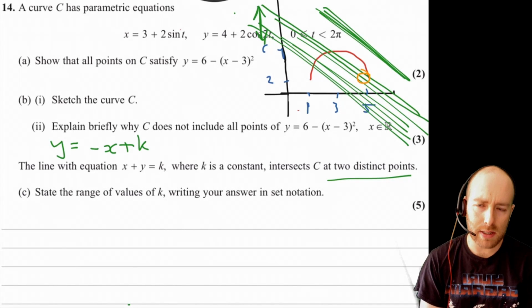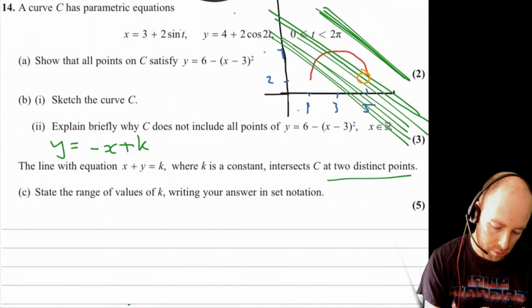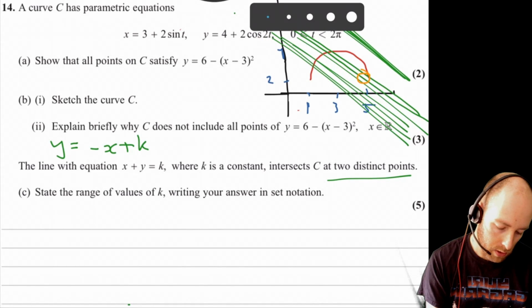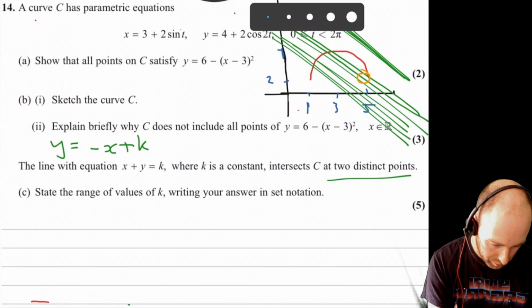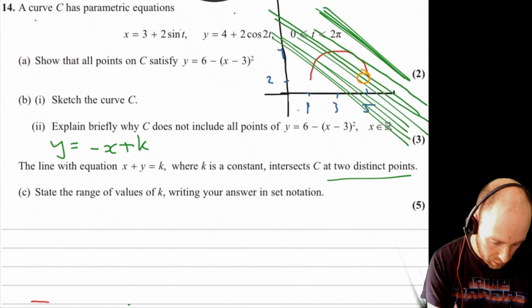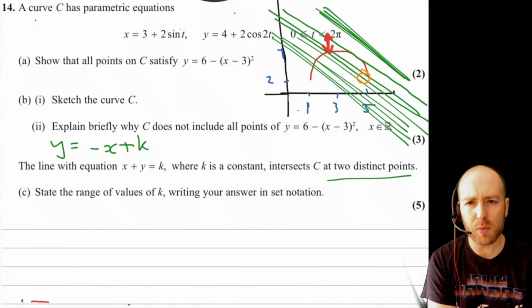So we can find the smallest k value, and then we're going to try and find the upper k value in order to find the range, if you like, of k between those two points. If you guys can see that, that's quite a bad sketch, but try and find the k values between those two.